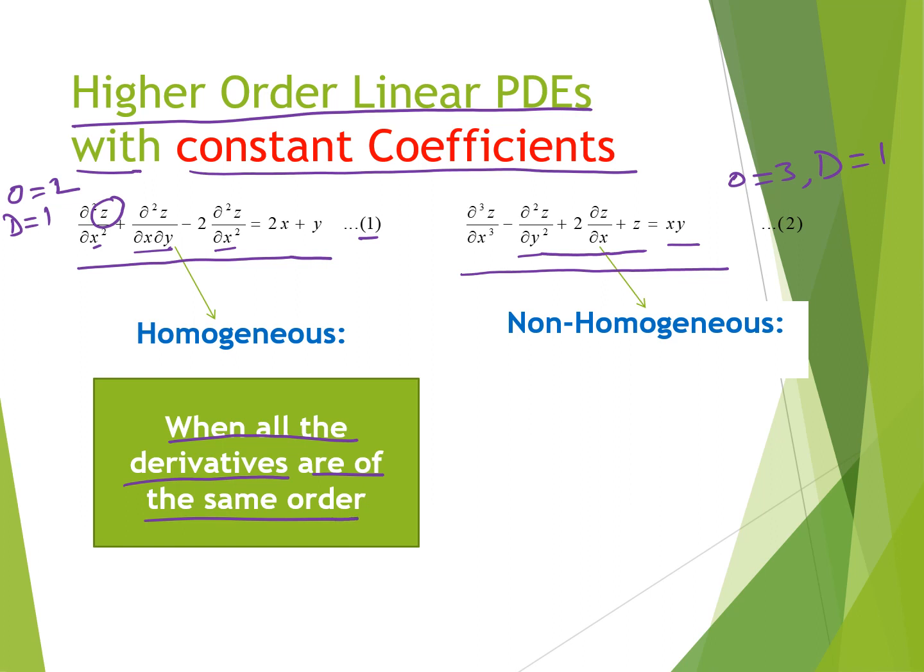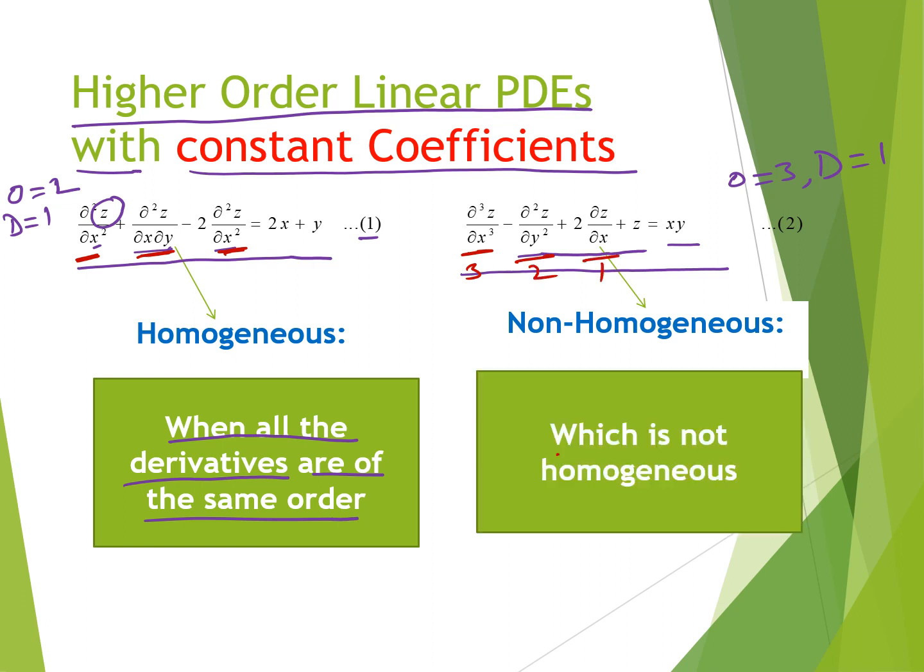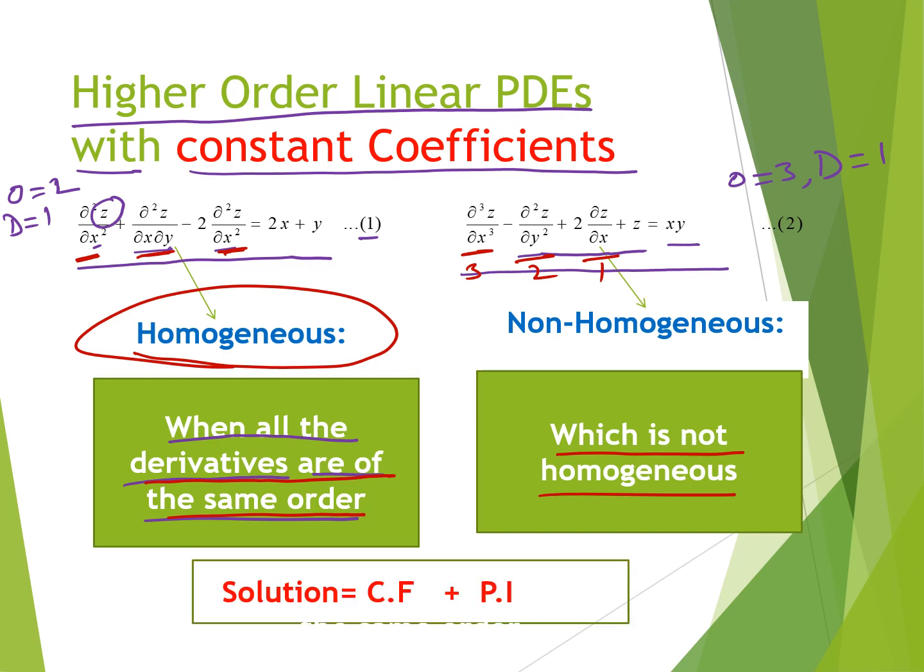If you observe, the order of the first term is 2, the second term is 2, the third term is 2, whereas in the second equation it is 3, 2 and 1, which is not homogeneous. The equation which is not homogeneous is considered non-homogeneous, and for the homogeneous, derivatives of all the terms have the same order. For the solution, we have to find the solution using the CF and PI. That means the solution contains the CF and the PI portions.